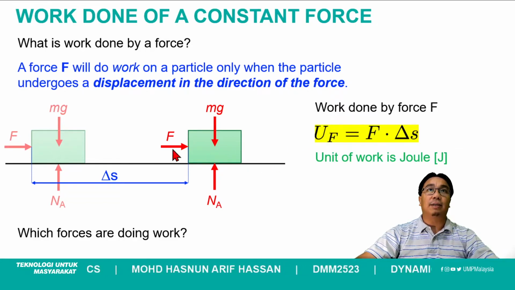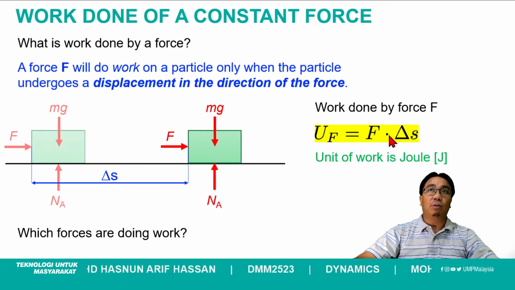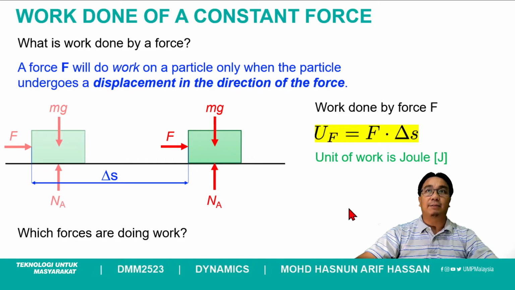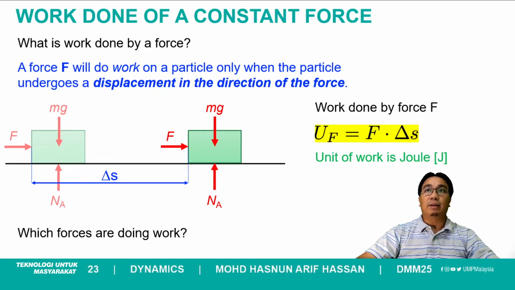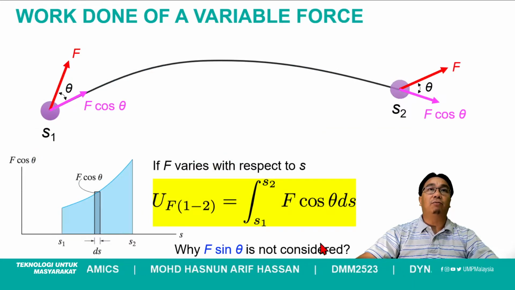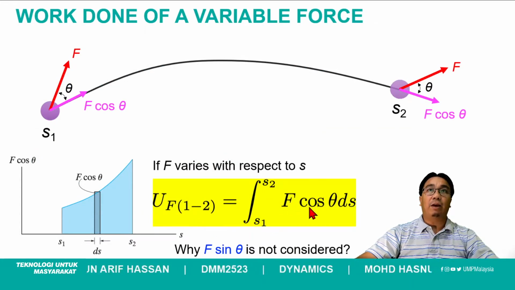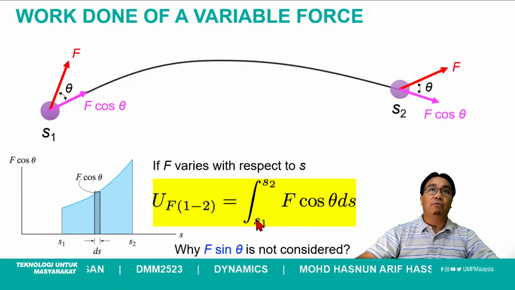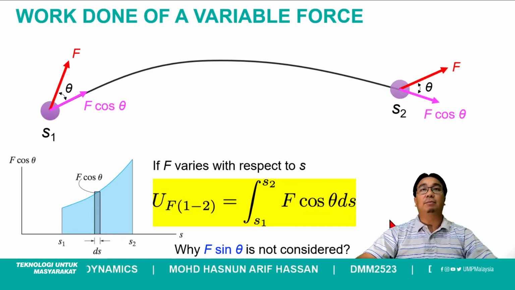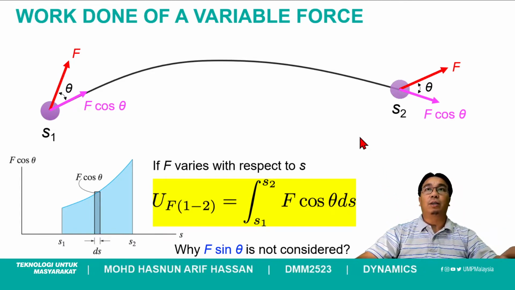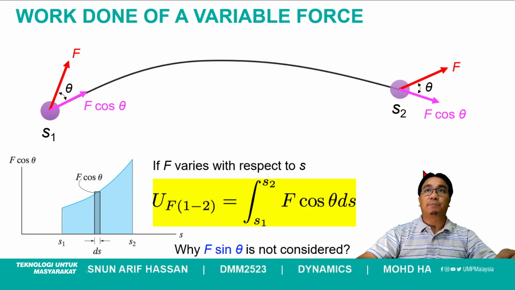Okay, so in this case, UF is equal to the force itself multiplied with the displacement delta S. Okay, and then if the force is a variable force, then we need to do some integration. Okay, F cos theta ds from S1 to S2. F sin theta is not considered because there is no work done by the F sin theta.